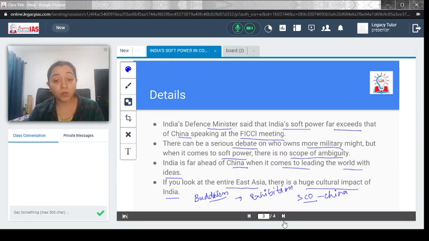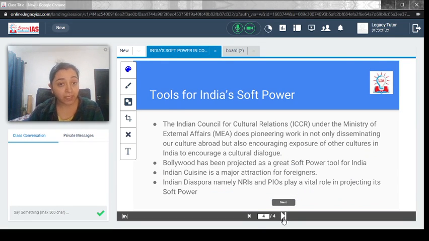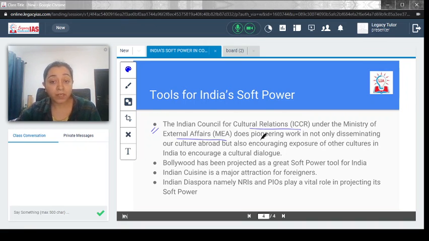Now, what are the tools deployed by India for the use of soft power? The Indian Council for Cultural Relations, an institute under the Ministry of External Affairs, does pioneering work not only in disseminating our culture abroad but also in encouraging exposure to other cultures in India, to encourage a cultural dialogue.